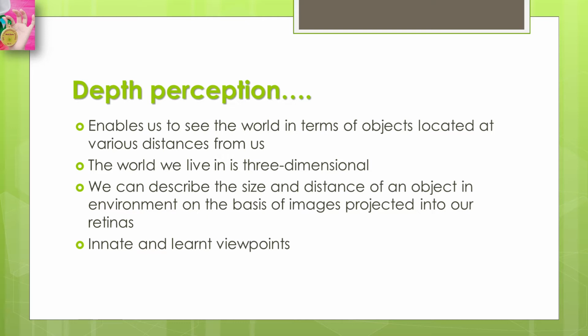Depth perception is basically our ability to perceive the distance of an object. Being able to perceive the distance of an object has various survival values, especially regarding potential threats such as snarling dogs or oncoming trains.